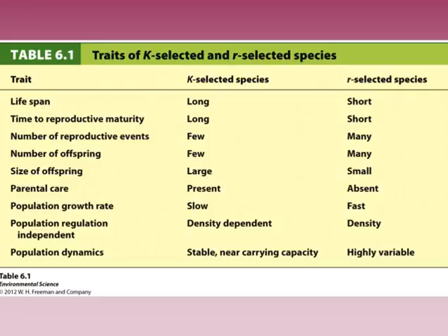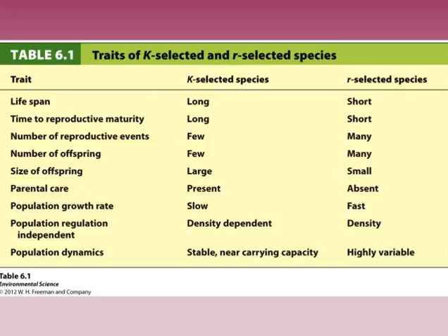In other words, they may only produce one offspring every 3 to 5 years. They also typically only produce 1 to 2 offspring at a time. The offspring that they do produce are usually larger and stronger, and they provide parental care. So they actually take care of their offspring to ensure the survival of that offspring.